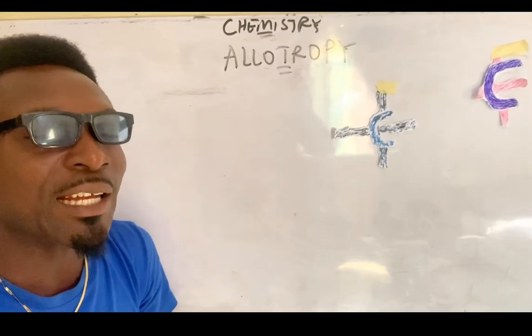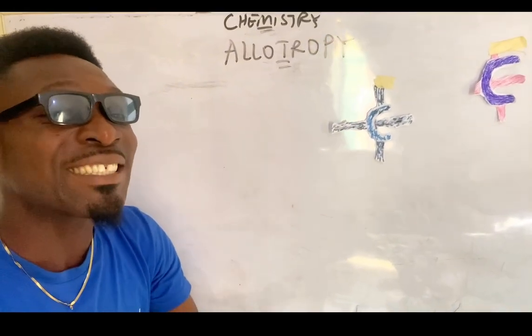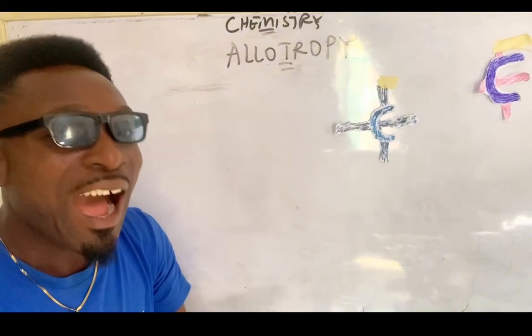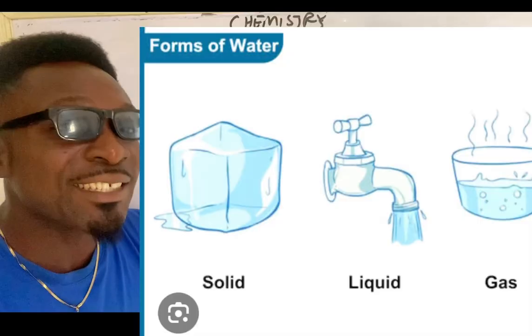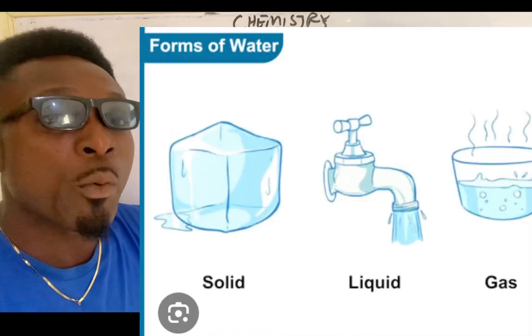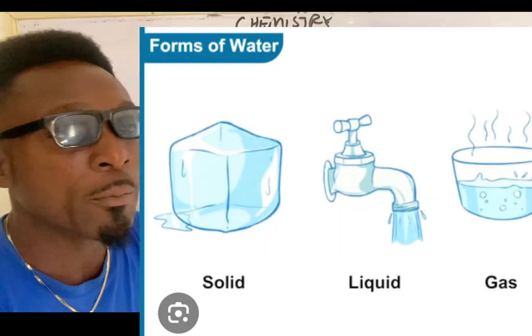Let's take, for instance, water. We have water existing in different forms. We have water existing as solid, which is an ice block. We have water existing as liquid, which is the water we drink. And we have water existing as gas, and that is water vapor.